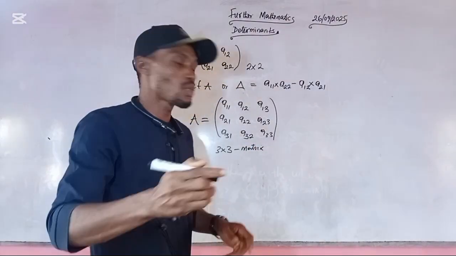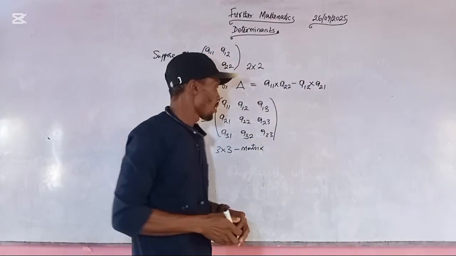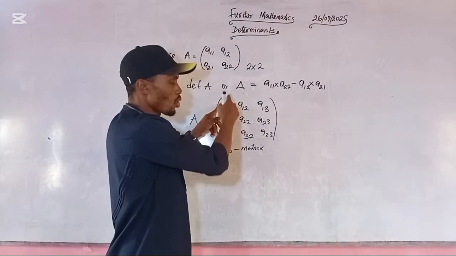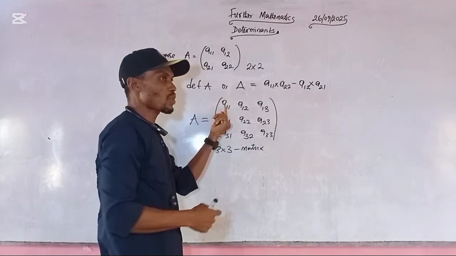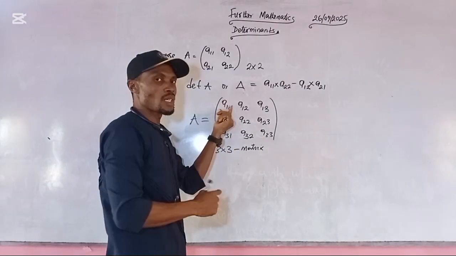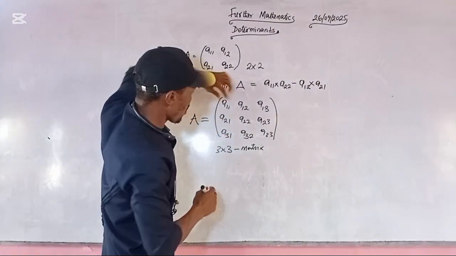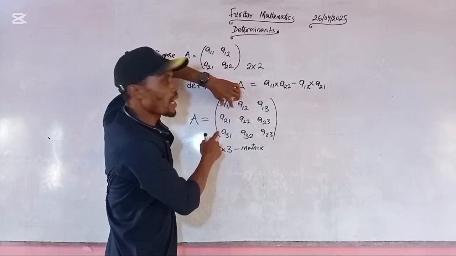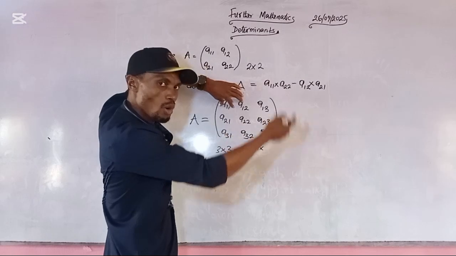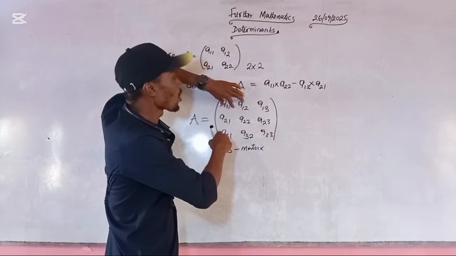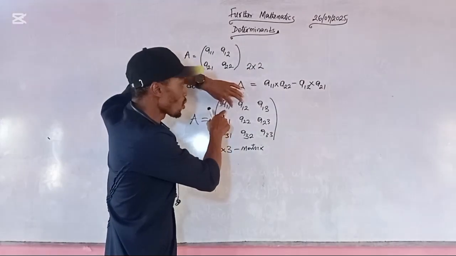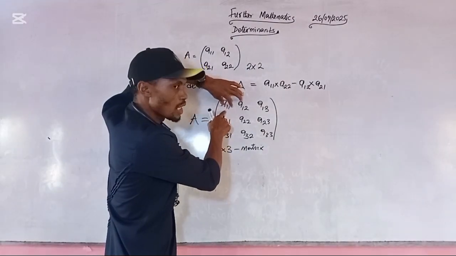It will be interesting to note that by deleting the row and column of a particular element of a matrix, a minor is established. The minor of A11 is those elements, or another matrix, that is formed by deleting the row and column of A11.